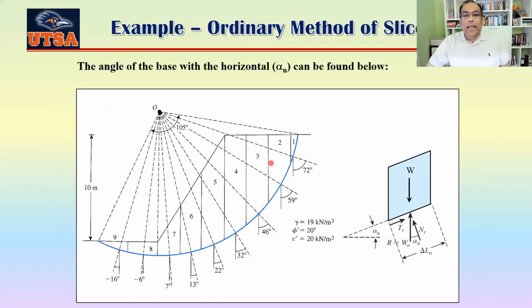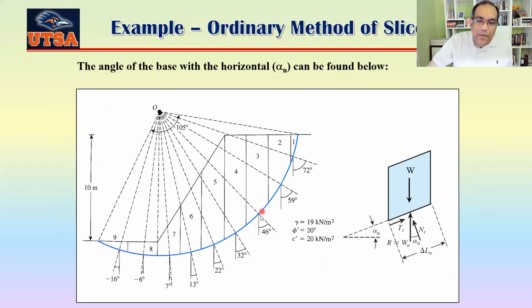Now, one other thing is that sometimes it's very difficult to find out your alpha n here. So what they're trying to do, this is the midpoint of each of the slices here, and they draw a line here and find out this angle from here. That's actually the same angle here, horizontal with this line.